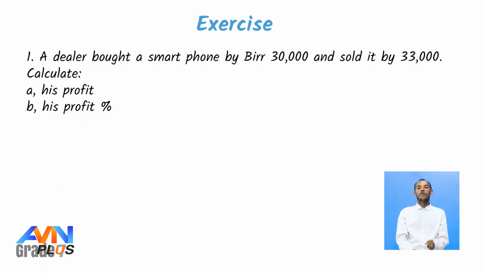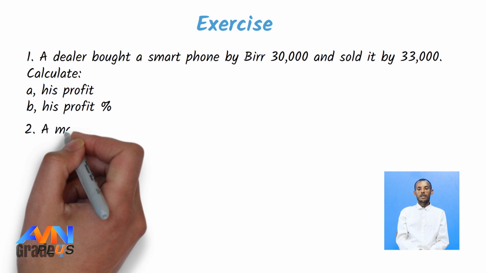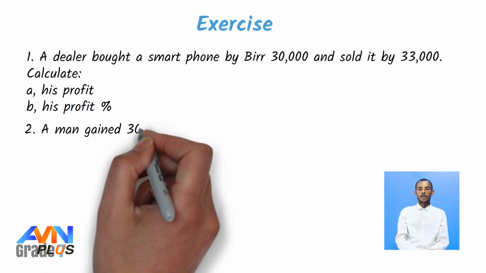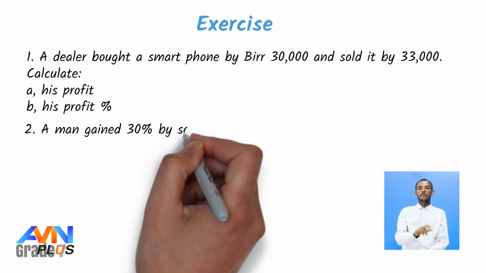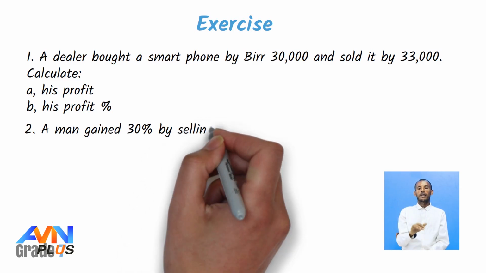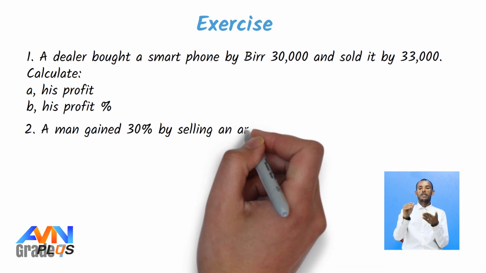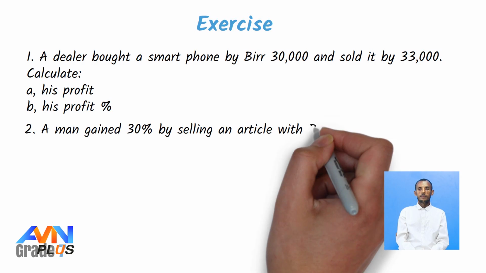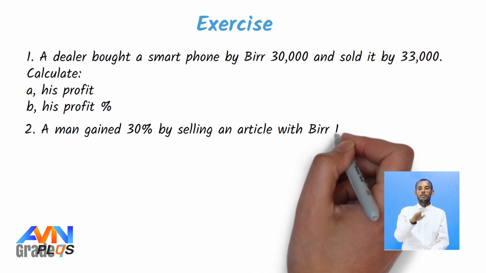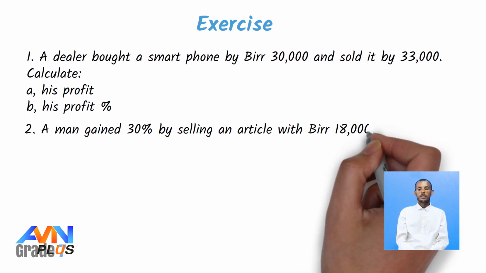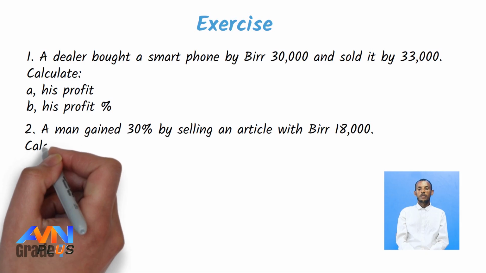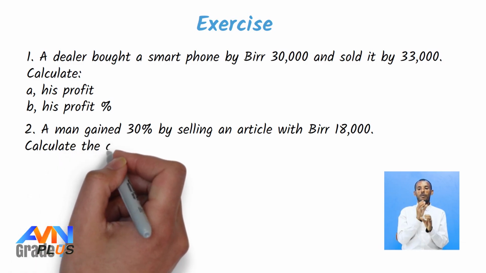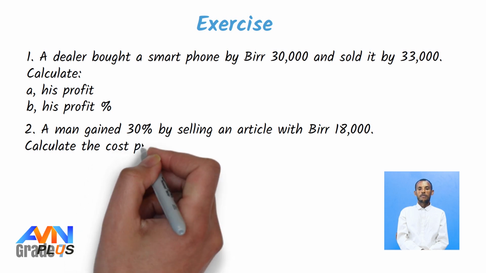So, the second question: a man gained 30% by selling an article for 18,000 birr.